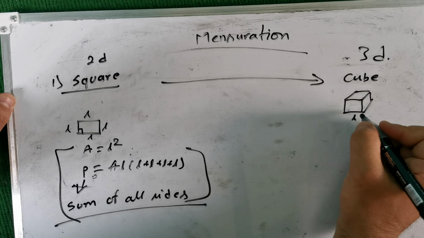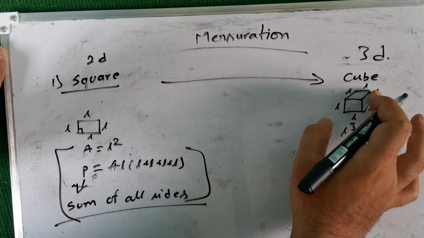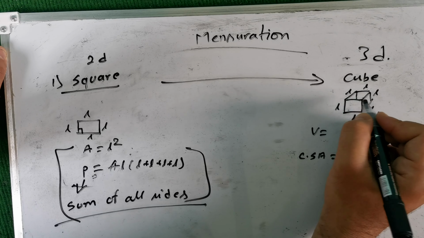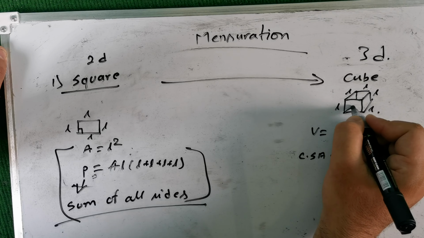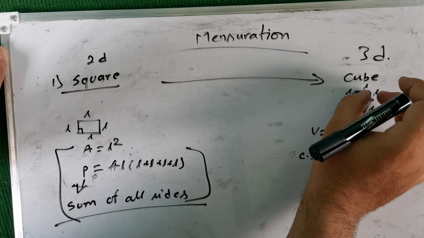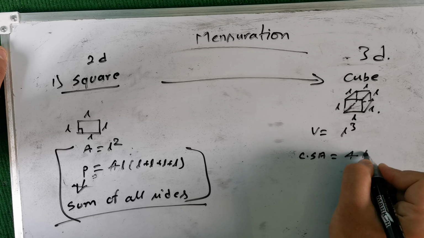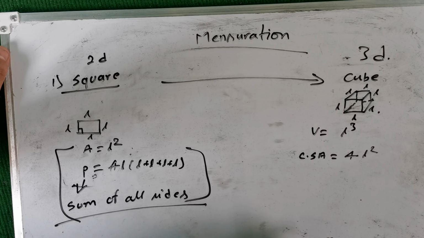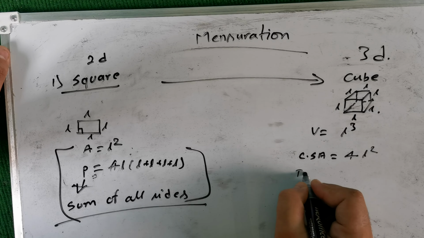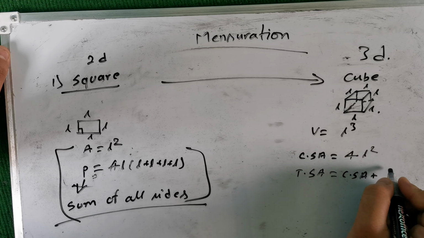Here, curved surface area means one, two, three, four sides, that means 4 L square. Am I right? Yes.